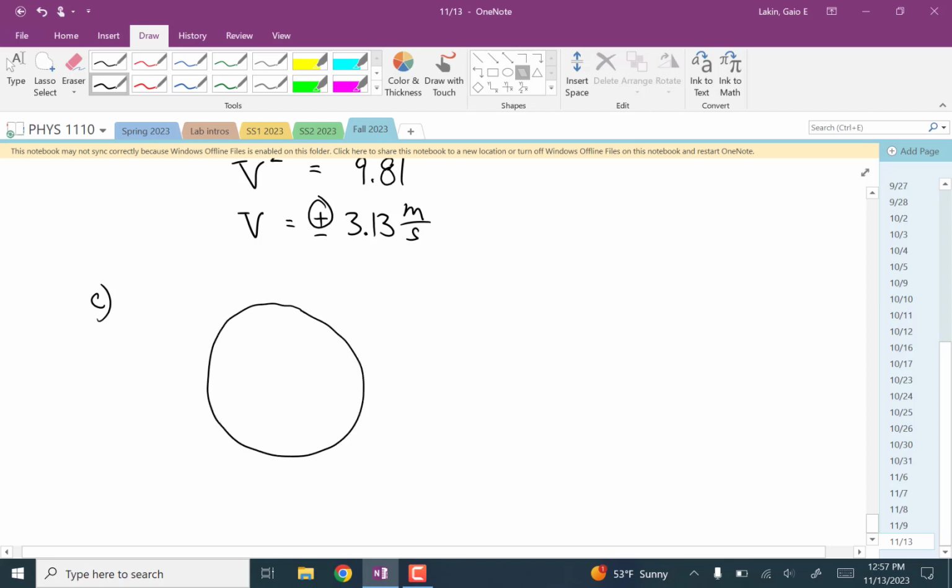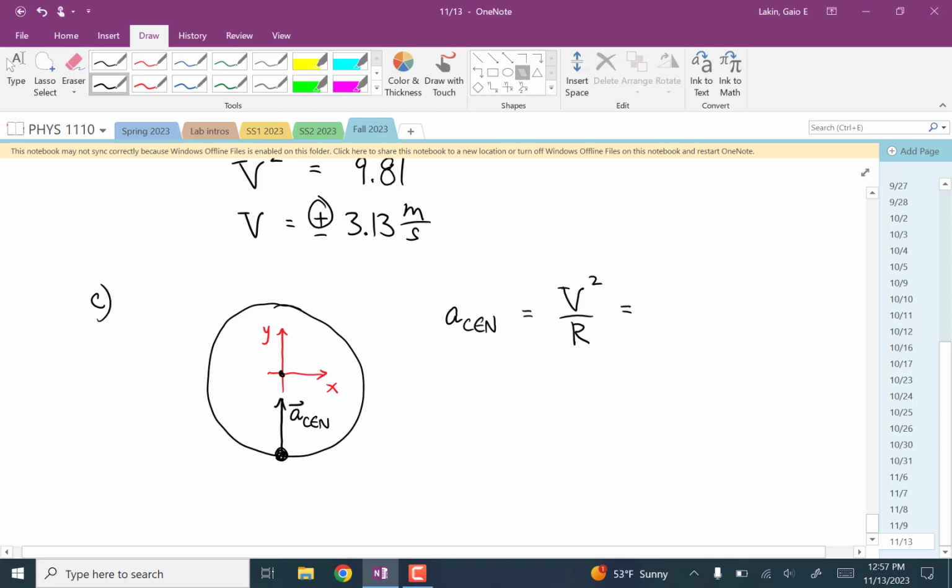Okay, so here's the circular path. There's the point that we're interested in. The centripetal acceleration is toward the center, so that way. The magnitude of the centripetal acceleration is v squared over the radius of the circle.